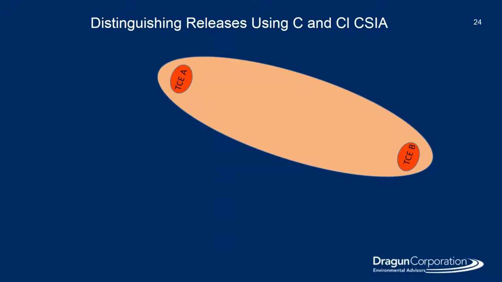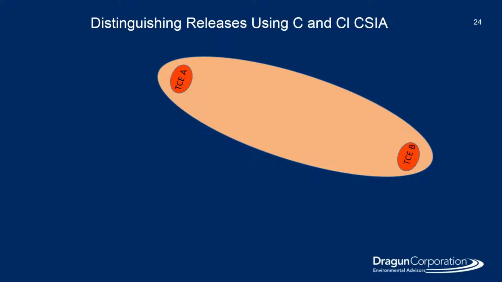Now I'm going to talk about a case study where there were two TCE hotspots, one in the up gradient and one in the down gradient, and we used carbon and chlorine isotopes to investigate whether the down gradient TCE originated from the up gradient TCE.